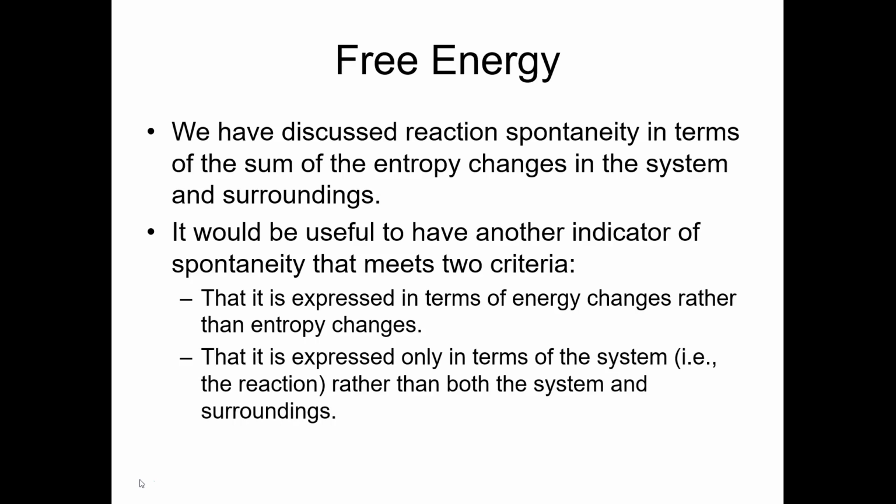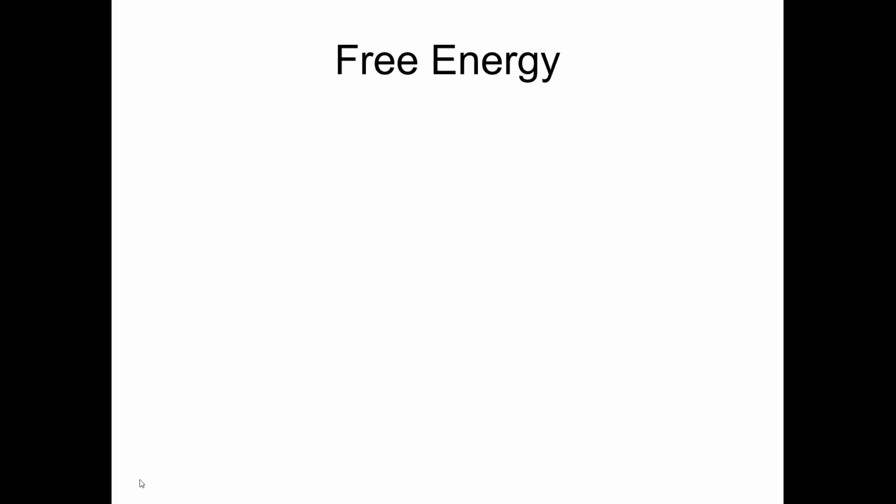And then that it's expressed only in terms of the system, rather than trying to think about entropy changes of the system and the surroundings. If we had something that was in energy terms and was only expressed in terms of the energy of the system, we have that in what's called free energy.